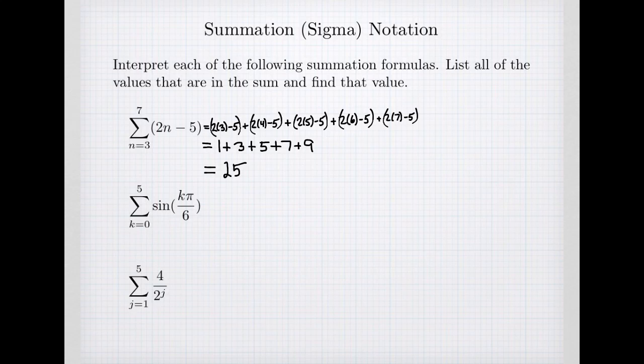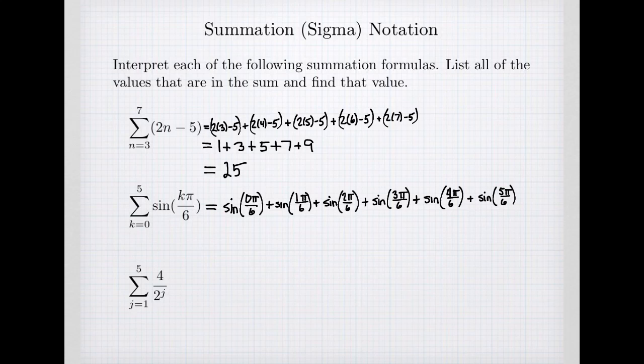So I'll write down each of the values, and so I get my index 0, 1, 2, 3, 4, 5, using my formula: sine of 0 pi over 6, sine of 1 pi over 6, sine of 2 pi over 6, sine of 3 pi over 6, sine of 4 pi over 6, sine of 5 pi over 6. And now what I need to do is find all those values, and I'll do that by thinking about my unit circle.